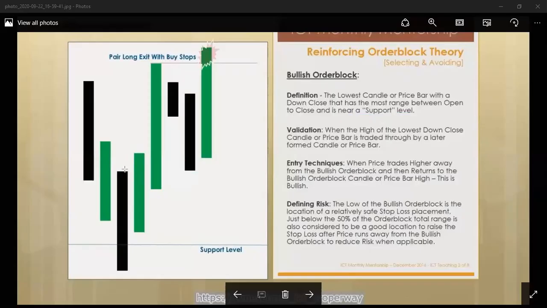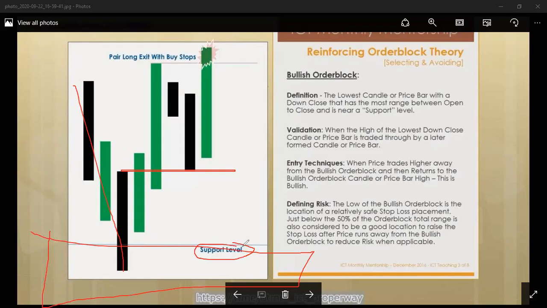Here, price comes back. As you can see, price comes down. So this is the reversal area. Don't look at this as support. We don't use support and resistance. In ICT, we have our own support and resistance, which I'll teach you later on.